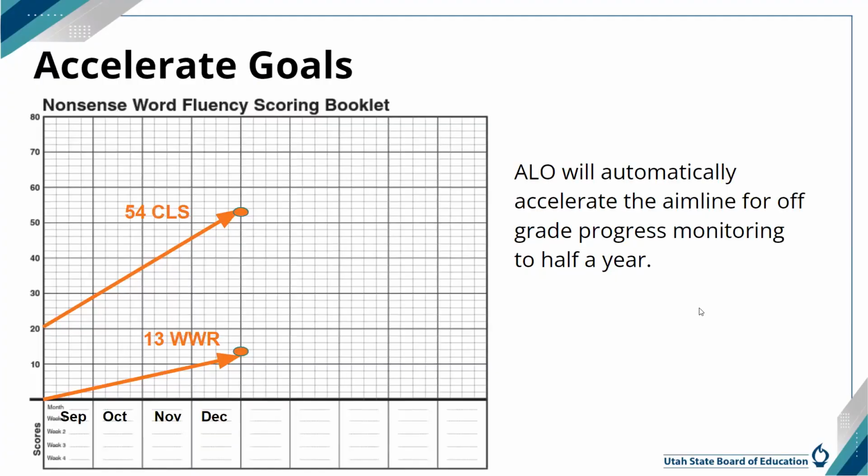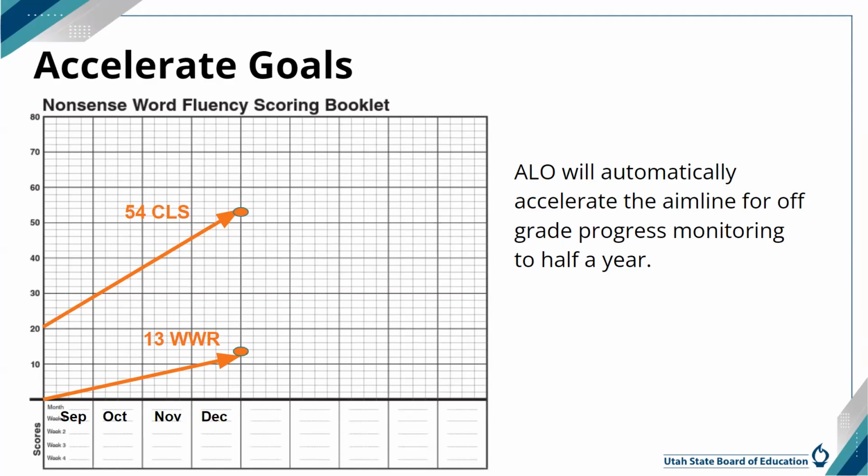So ALO will automatically accelerate the aim line for any off-grade progress monitoring to just be half a year. So if this aim line were going all the way through May, it would not be near as steep. We don't want a student to be on off-grade progress monitoring for a full year. We want to accelerate their progress and get them to that grade level progress monitoring as quickly as possible.